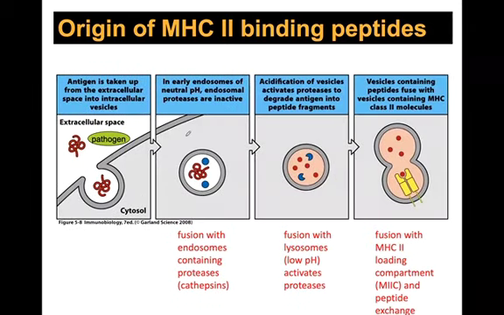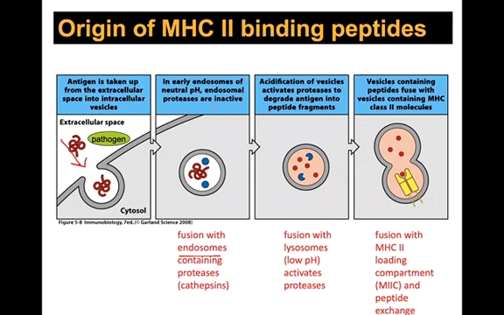So how does this work? We'll start with just taking in some antigen or pathogen from the extracellular space into an endocytic vesicle. Now, one of the first steps is the fusion of endosomes with phagolysosomes. And those phagolysosomes contain proteases.